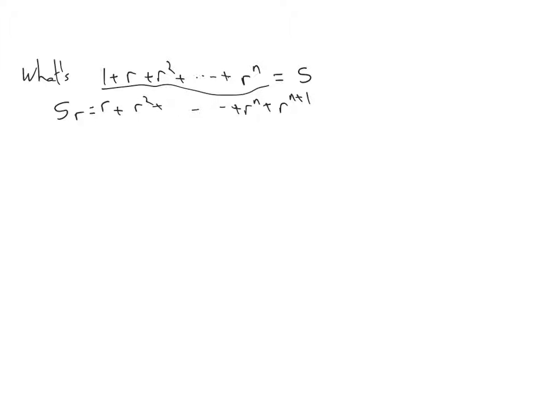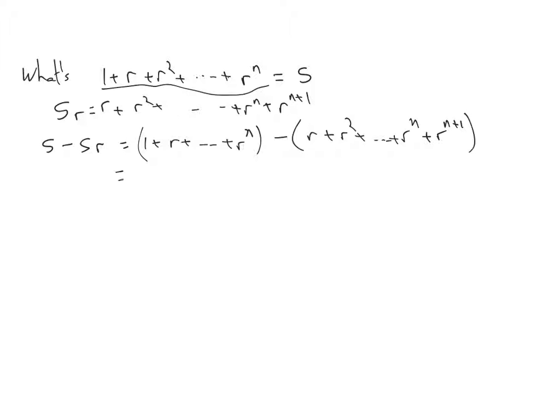So what that tells us is that S minus S times r is equal to 1 plus r plus up to r to the n, minus r plus r squared plus up to r to the n plus r to the n plus 1. And of course the important thing here is the 1 doesn't cancel, but the r and the minus r cancel, and the r squared and the r squared, all the way up to the r to the n and the r to the n.